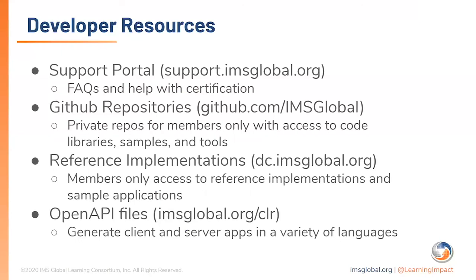There are GitHub repositories associated with CLR. These are for members only. And we have both reference implementations, sample applications, and tools such as the spreadsheet I mentioned earlier on how to map out your achievements.